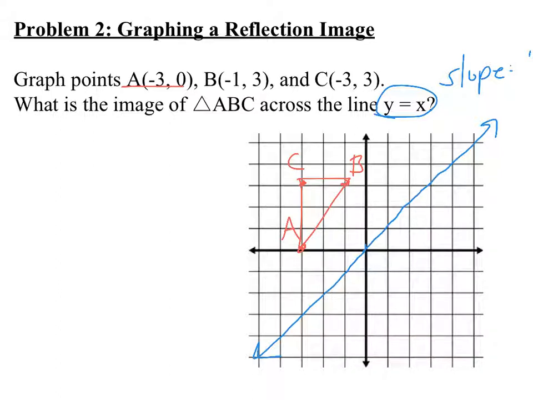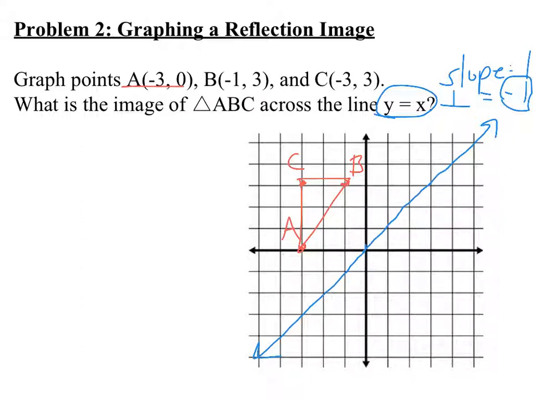So my line has to be perpendicular to the reflection line. My perpendicular slope would be the opposite reciprocal. The opposite reciprocal of 1 is negative 1. So all of my lines to get to my new image are going to have a slope of negative 1.